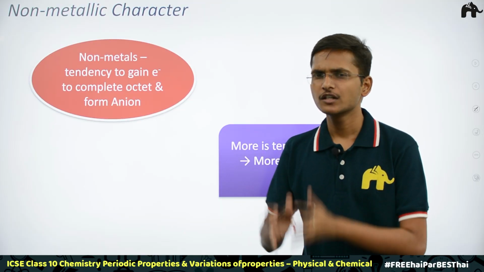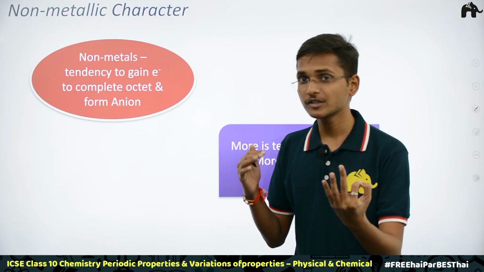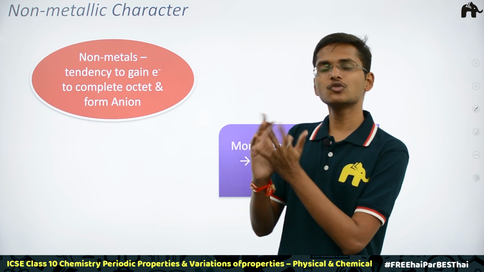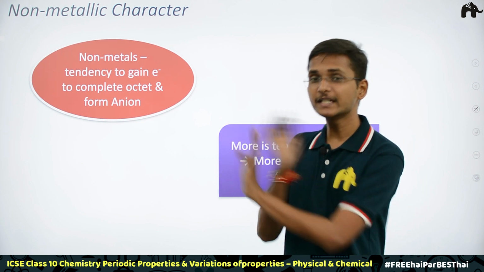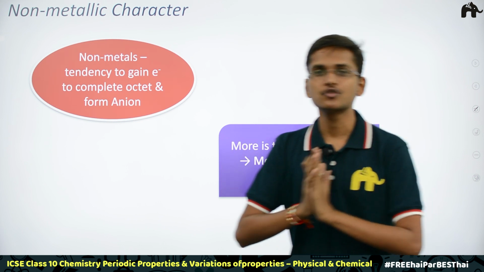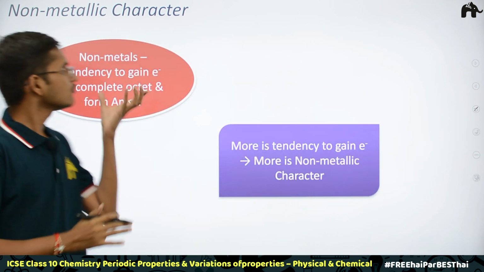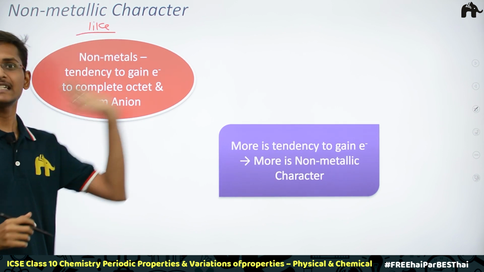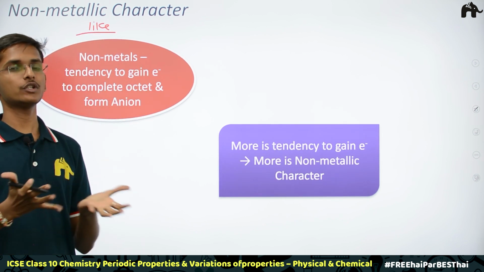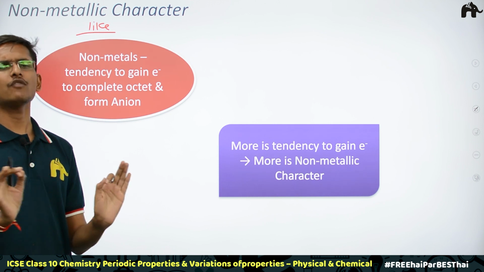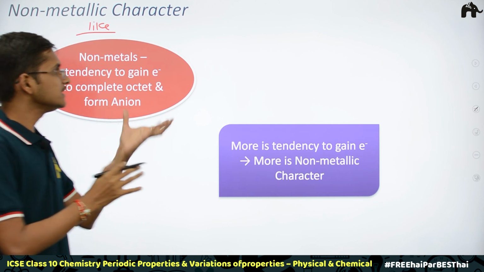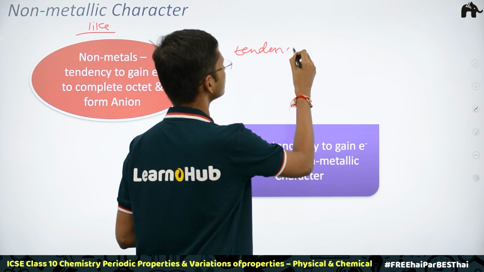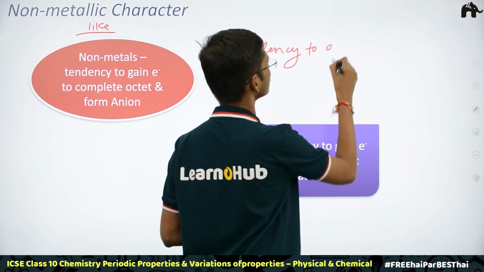Now, moving ahead, we are going to see our third periodic property, non-metallic character. It is similar to metallic character, but completely opposite to it. Now, what is non-metallic character? Non-metal-like character means tendency to gain electron.